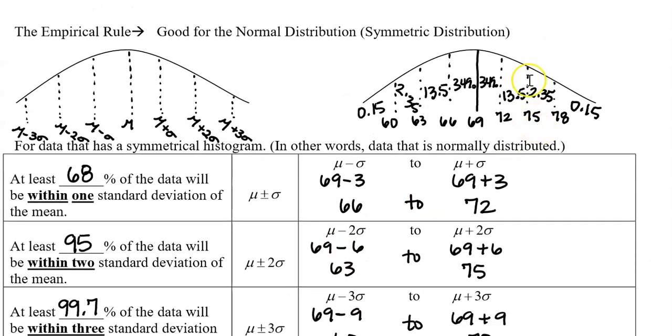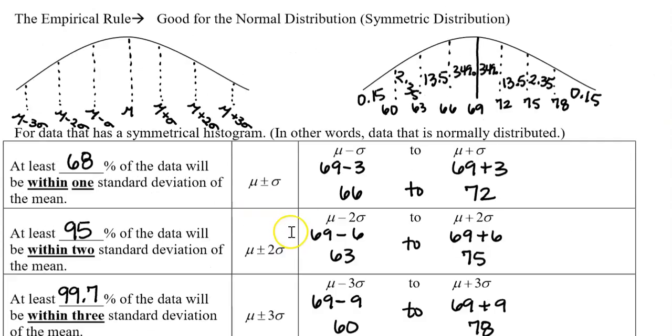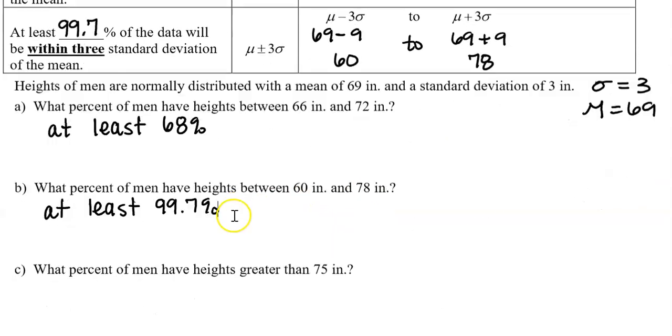So here's 75 inches right here, and I'm looking for heights that are greater than that. So I'm going to add these two percentages, this 2.35 and this 0.15, to see what percentage of men have heights that are greater than 75.